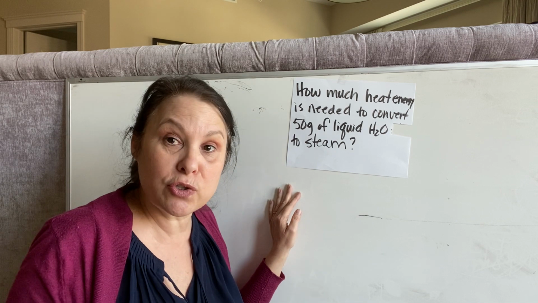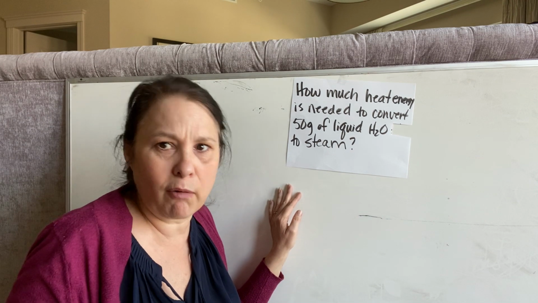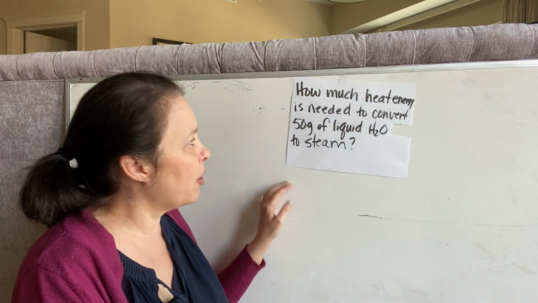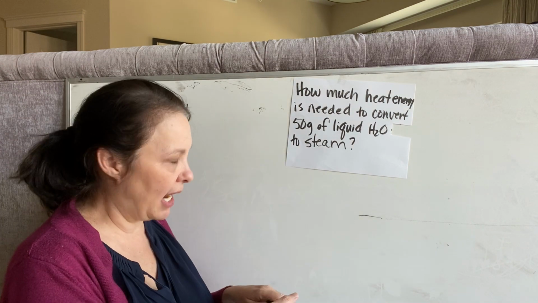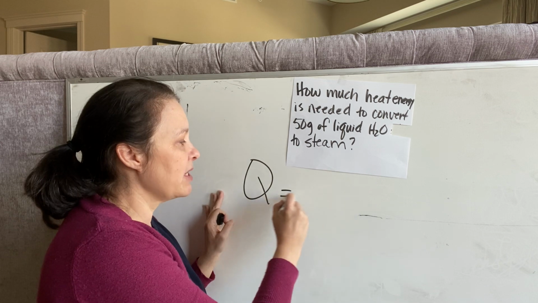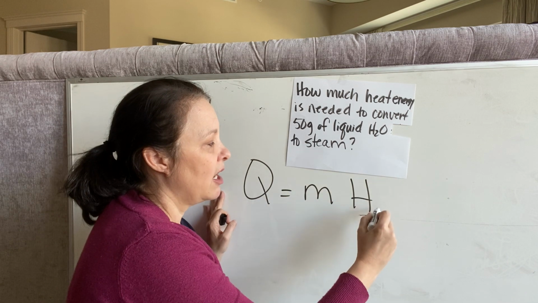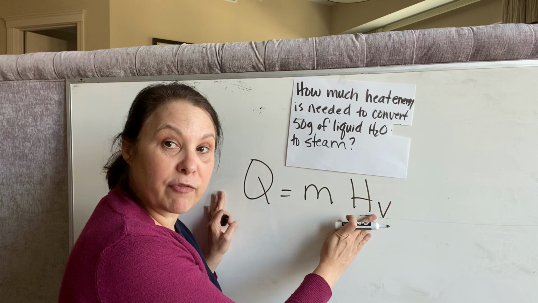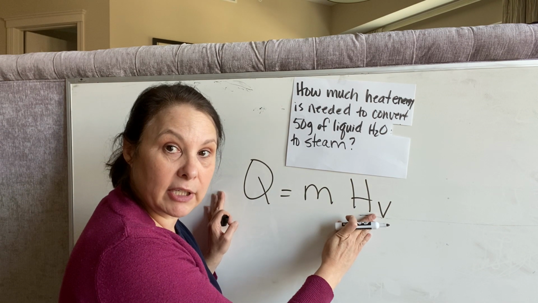So although I didn't use the word, we need to be thinking, oh, I'm vaporizing it. Water to steam, vaporization. So because I know I'm vaporizing, I'm going to use the vaporization formula, which is just like the melting formula. Instead of the HF, we got the HV, okay?